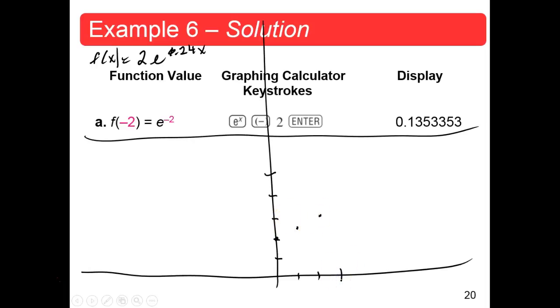At 3, it's 4.1. At 4, 5.2. And at negative 1, it would be 1.5.